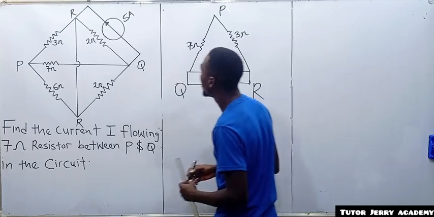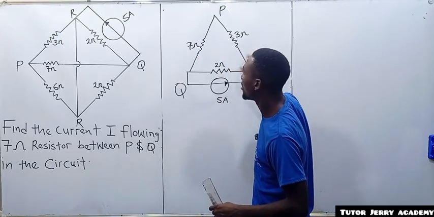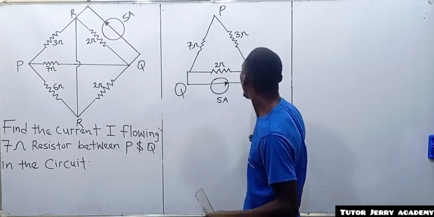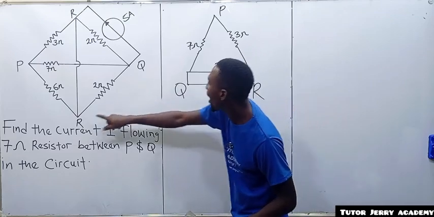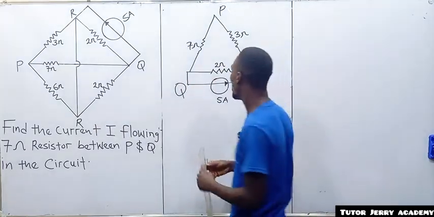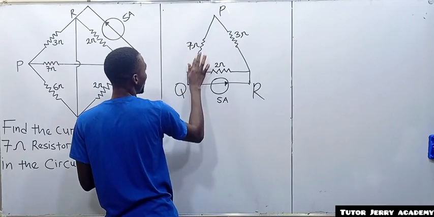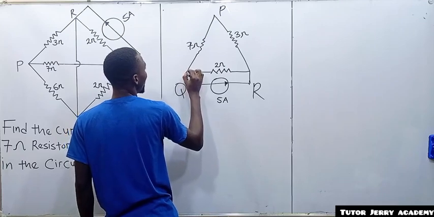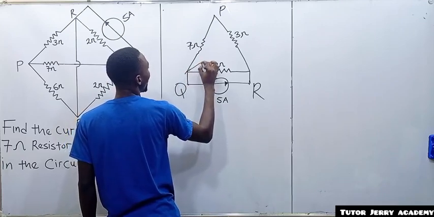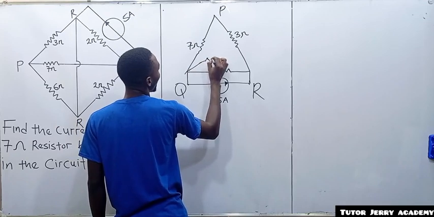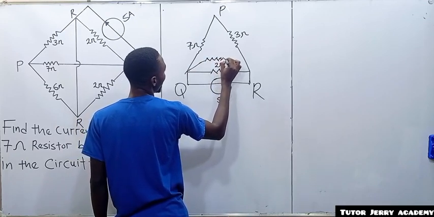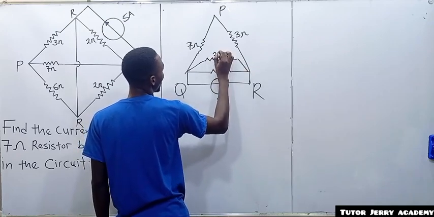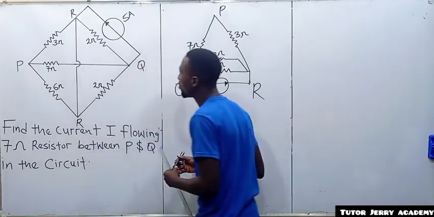Which other thing do we have? RQ, R and Q. Again, we are having another 2 ohms. So let me draw this way. Here again, we are going to have another resistor, like this, 2 ohms.